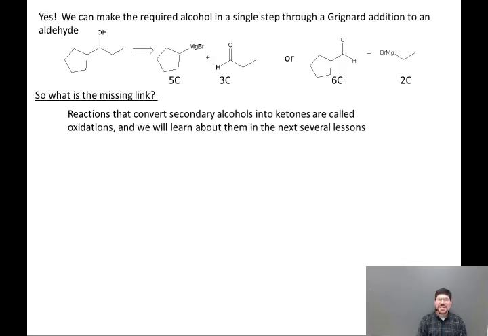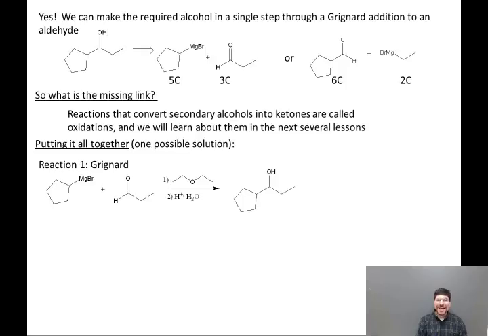Well, reactions that convert secondary alcohols into ketones are called oxidations. And we will learn about oxidations in the next several lessons. But before we go there, what we can do is put this all together, and I can give you, as I said, the outline of one possible solution.